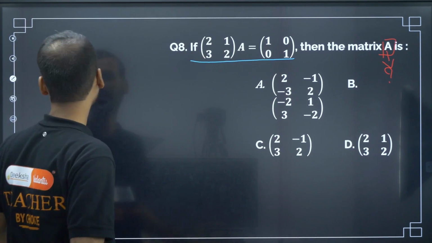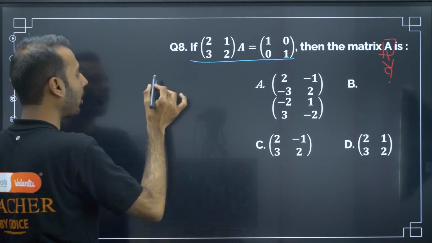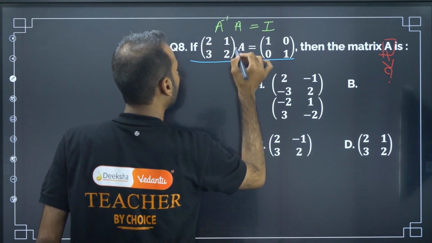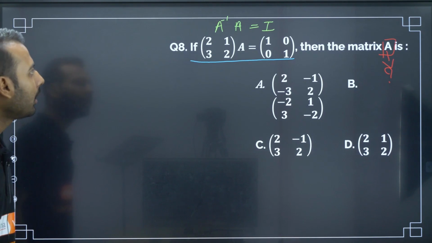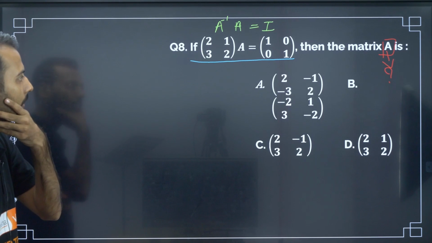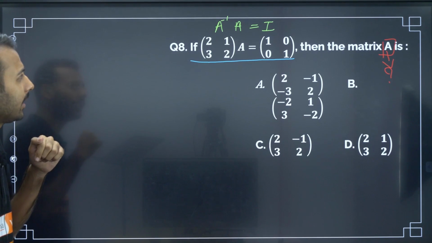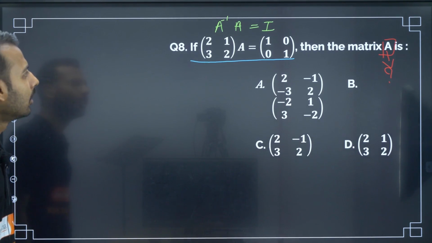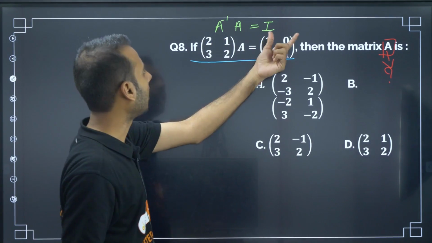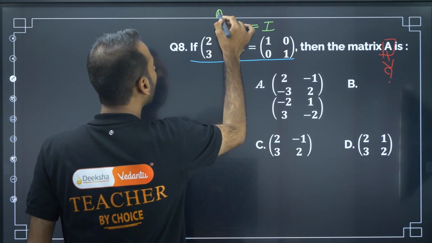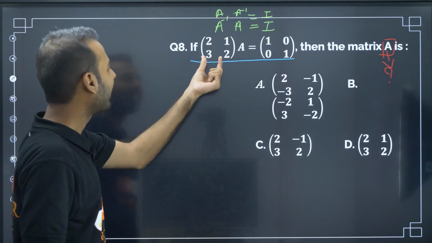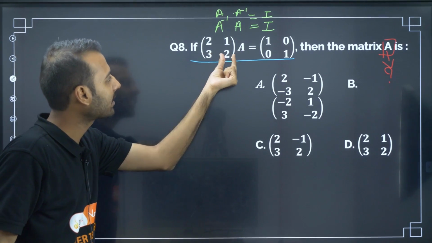If this into this is A, now try to recall one synopsis point: A inverse A is equal to I. They are asking A. Now A inverse A is equal to I, which means these two matrices are inverse of each other.